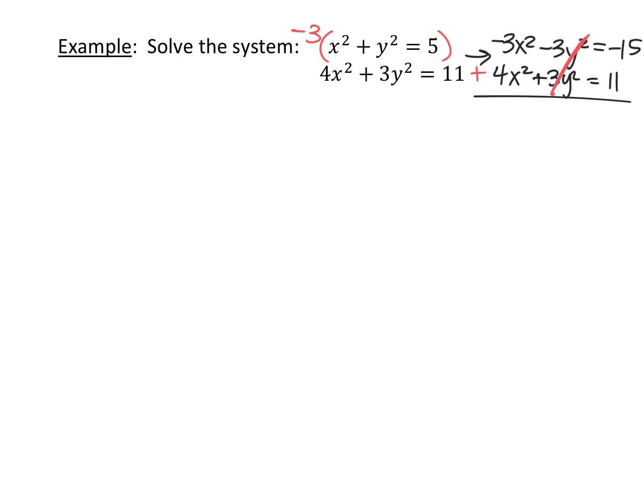Okay. So I have 1x squared, or x squared, is equal to negative 15 plus 11, which is negative 4. Again, if I want to solve this to get rid of the squared, I do the inverse, which is square root.